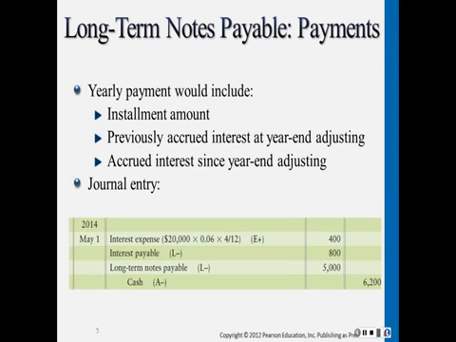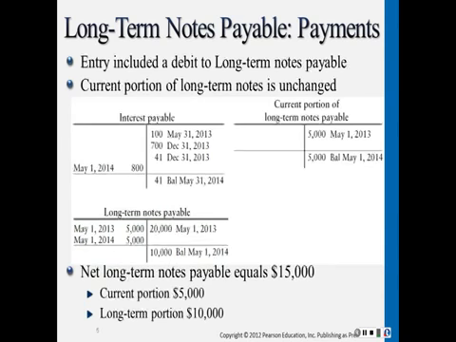Why? Because each year $5,000 of the note balance becomes due or is current. When we make payments on the note, we just reduce the long-term notes payable, which is one entry, rather than making the payment and then doing another reclassification entry like we did on May 1st, 2013.